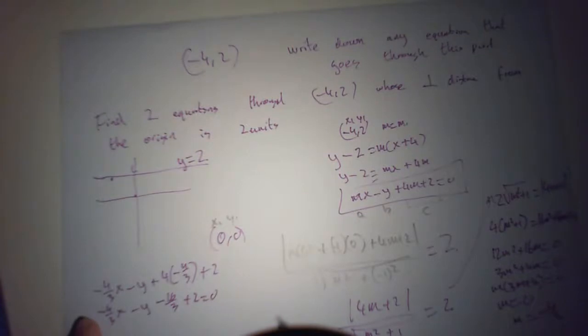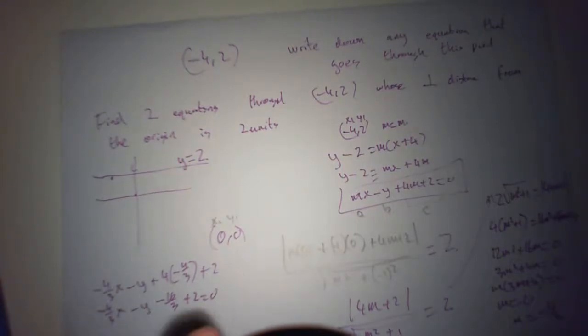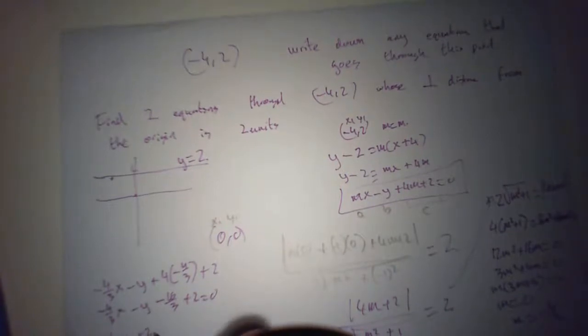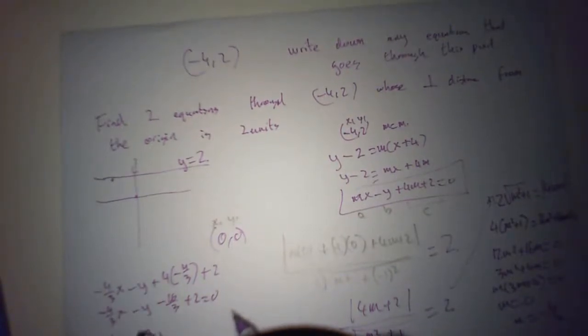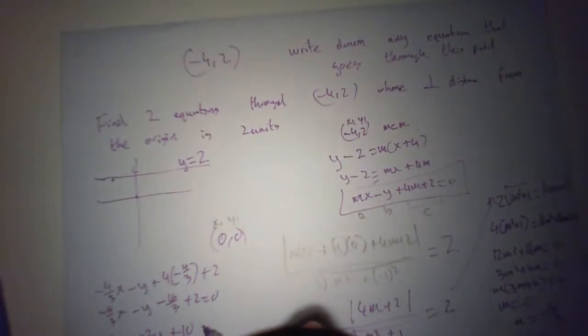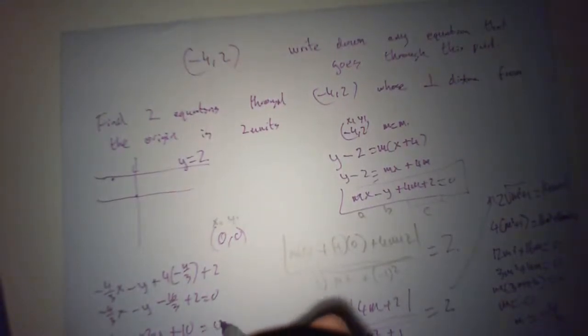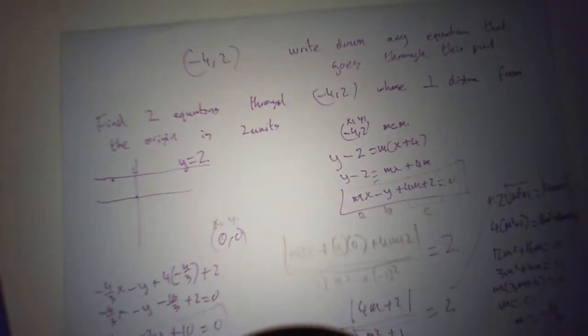Multiply everything by 3, you're going to get minus 4x minus 3y, or 4x plus 3y, multiply by 3, you're going to get plus 16, and you're going to get 10. There we go. Equals 0. So that's your second one. Hope you can see that.